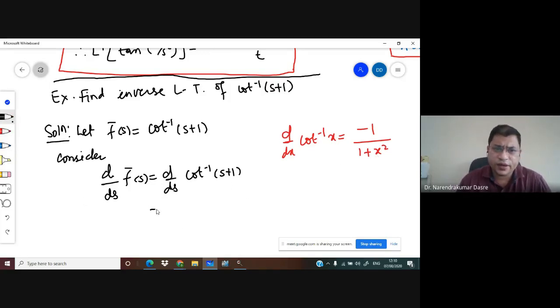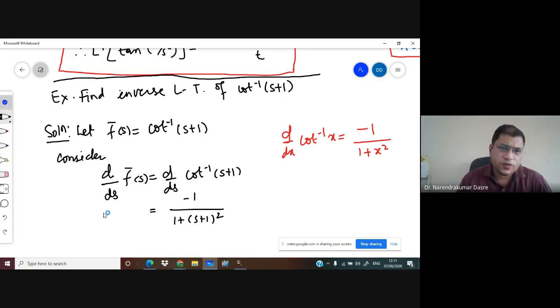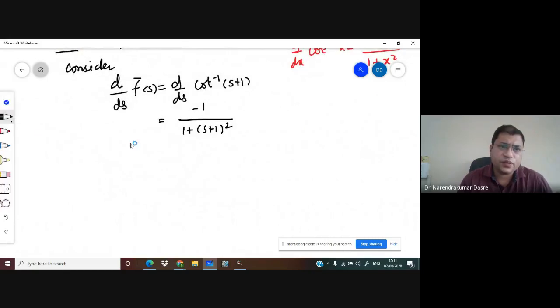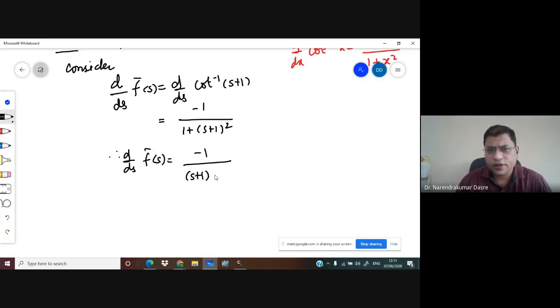So here we get minus 1 upon 1 plus (s plus 1) bracket square, and the derivative of this one is going to be 1. So we get here d by ds of f bar of s is equal to minus 1 upon (s plus 1) bracket square plus 1. Okay, this is the first step that we have got. We have got the derivative.